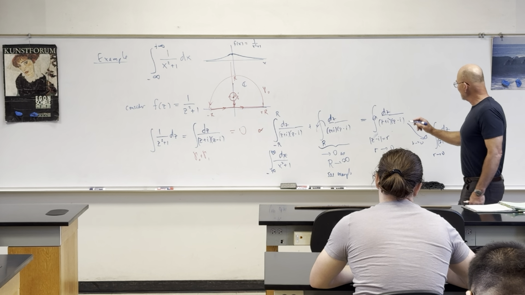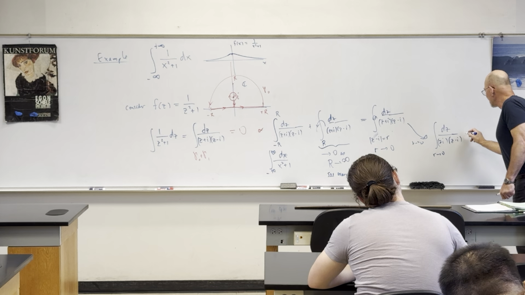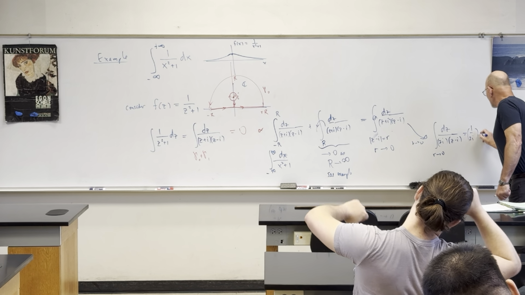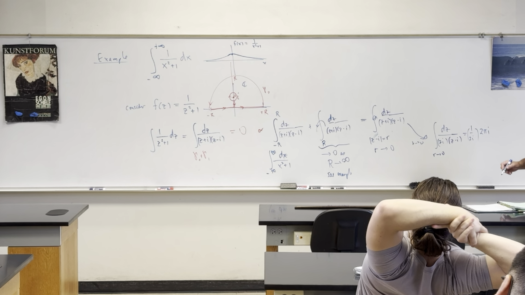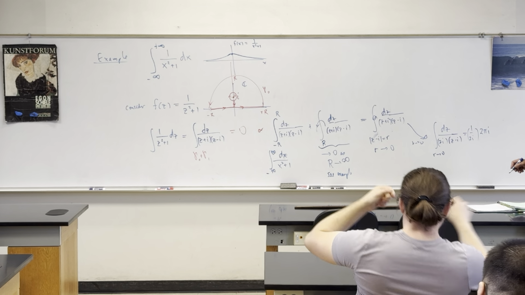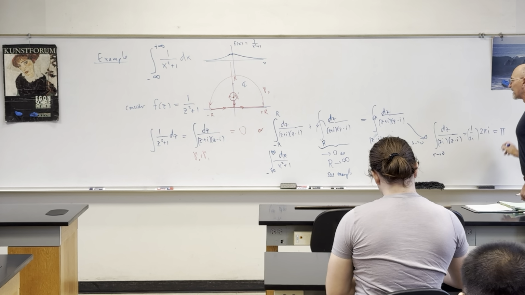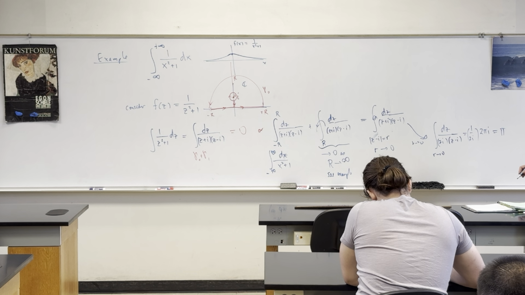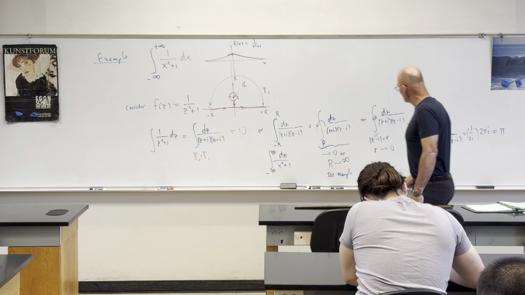And this is going to be just that arbitrary little circle there. This is going to go to 1 over 2I times 2 pi I. The 2I is going to cancel, and that's just going to be equal to pi. Because this is the one we were looking for, this is going to be equal to pi.